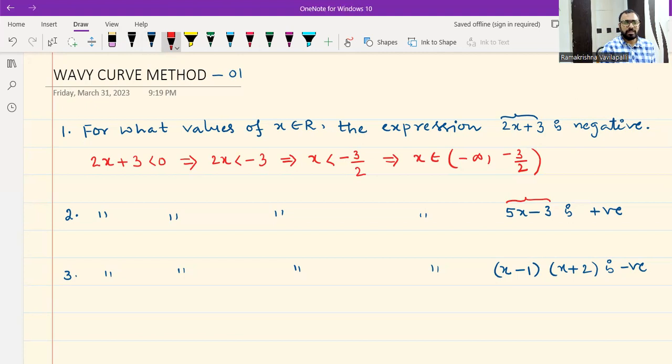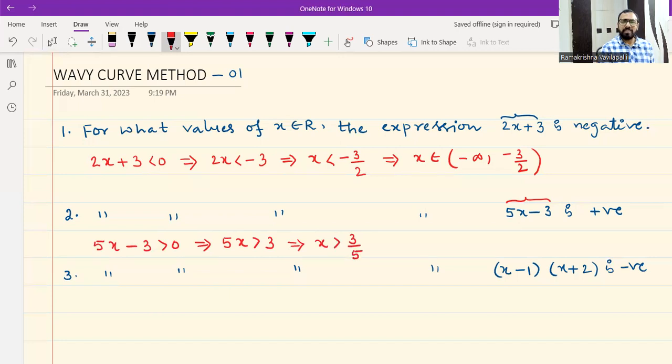So here we want 5x minus 3 greater than 0. So sending 3 to that side, 5x greater than 3. Now divide by 5. So you will get x greater than 3 by 5.